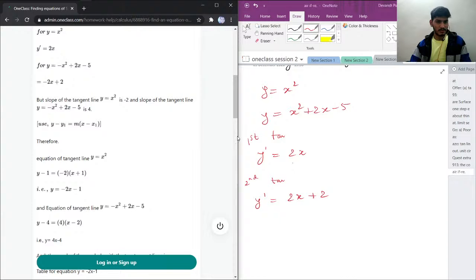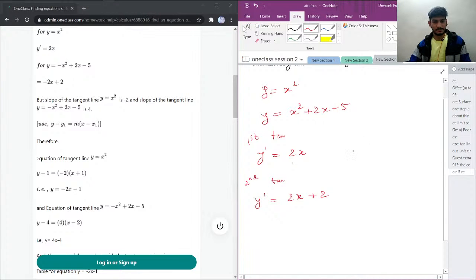Slope of tangent of y equals to x square is positive 2, and slope of tangent line of y equal to x square plus 2x minus 5 is also positive 2. It is not 4, it is 2 here.